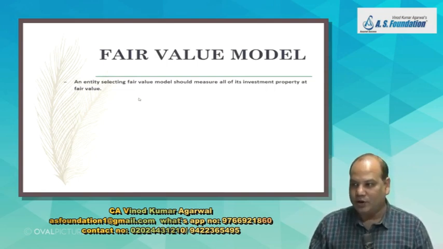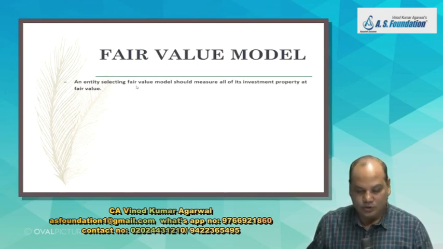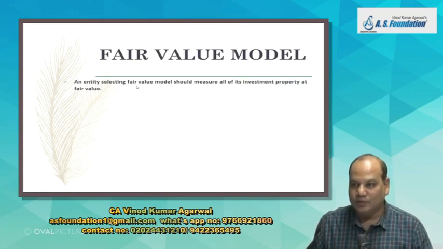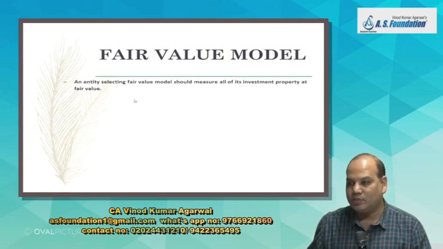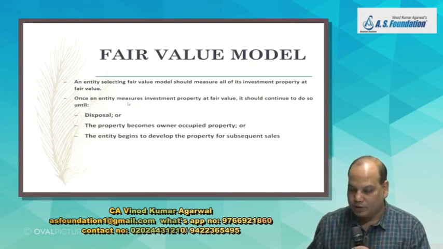Now next is fair value model. This standard also allows you to follow fair value model. So an entity selecting fair value model should measure all of its investment property at fair value. Once an entity measures investment property at fair value, it should continue to do so.